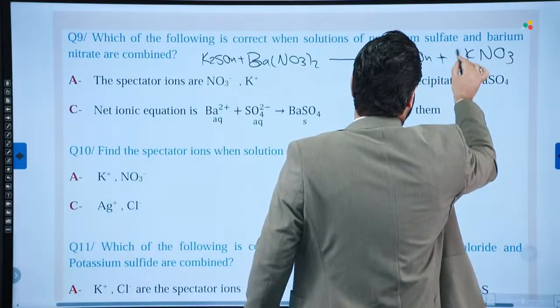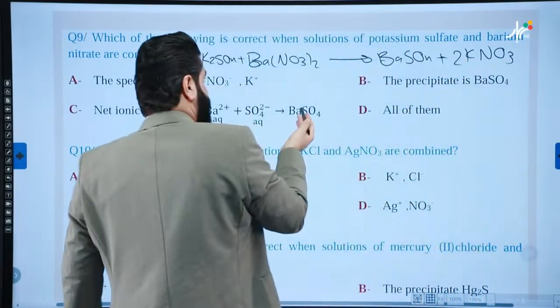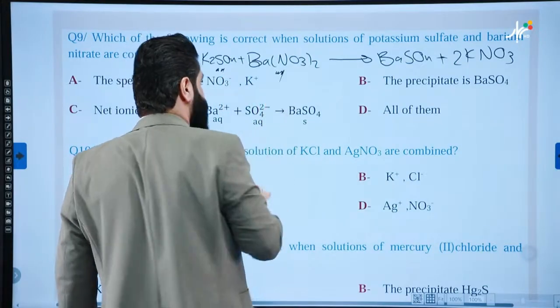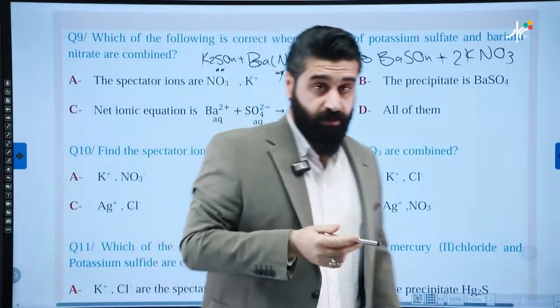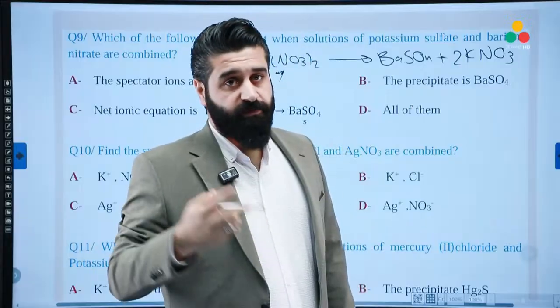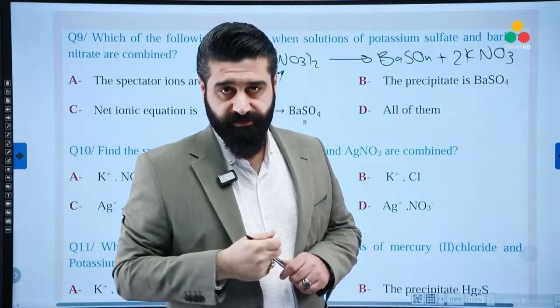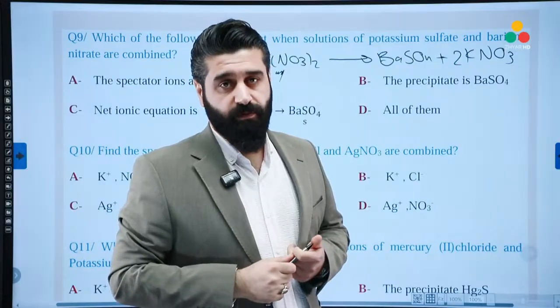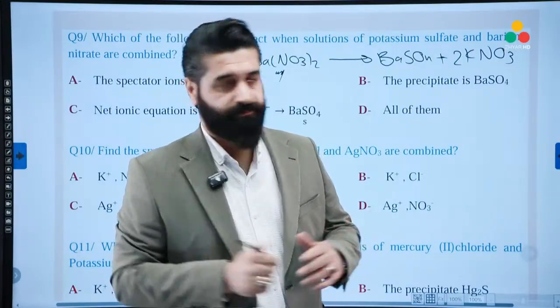And it must be balanced. Then their solubility: this is aqueous. As I said, this is a double displacement reaction, so both reactants must be aqueous. Remember, for the double displacement reaction, both reactants must be aqueous.